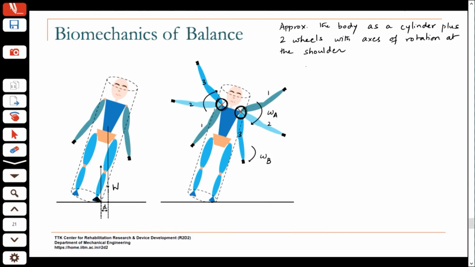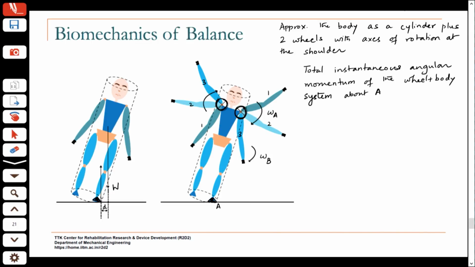So, now if we look at the total instantaneous angular momentum of the wheel plus body system about this axis through the foot, this is my A, about A, axis through the foot, then I can write this angular momentum equals.